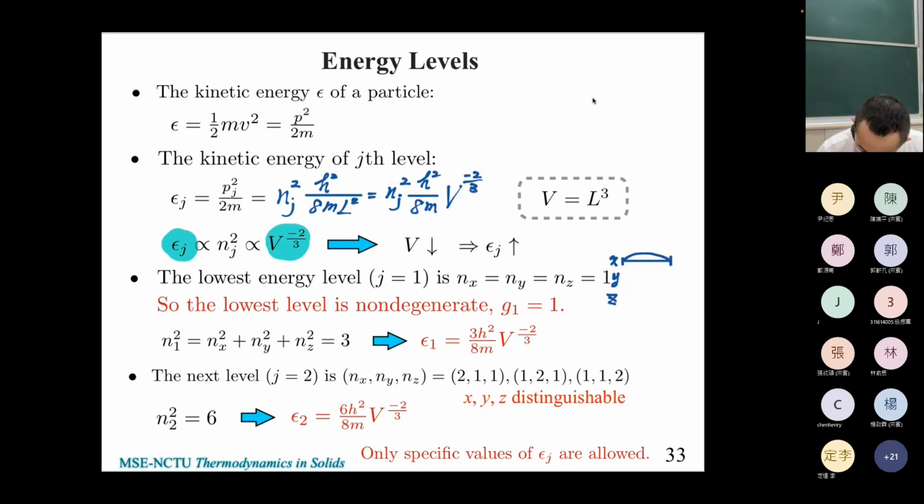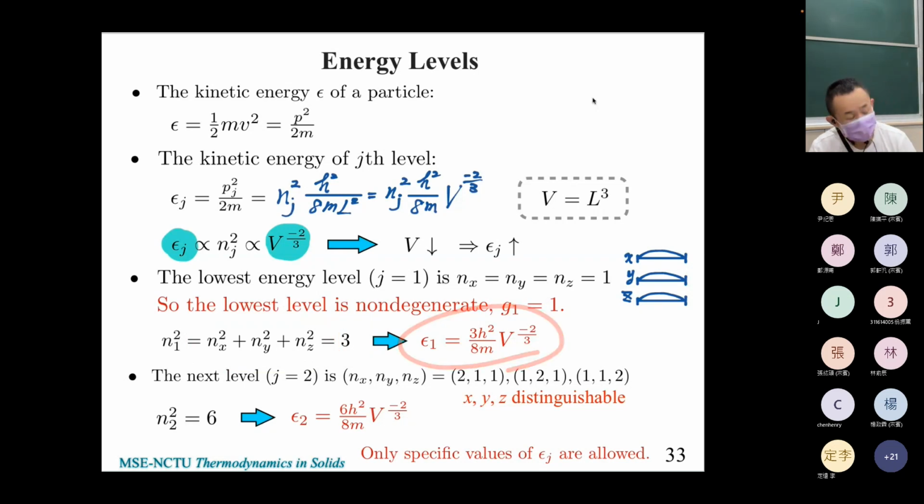So X, Y, and Z are all in the lowest level. The lowest level is non-degenerate, only one choice. J equal to 1, g1 equal to 1. So n1 squared equals the square sum, which is 3. After we substitute that, you can specifically determine the value of epsilon 1.